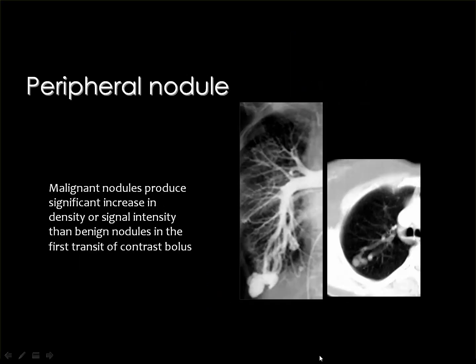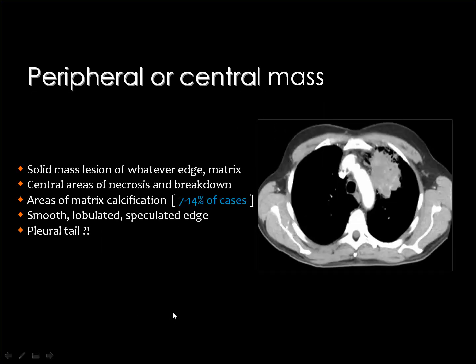What's very important here is to assess the possibility of the nodule being an arteriovenous malformation, because the next step for radiological diagnosis of a bronchogenic carcinoma is a needle guided biopsy, and you must be careful not to attack such a lesion because of the major complications.